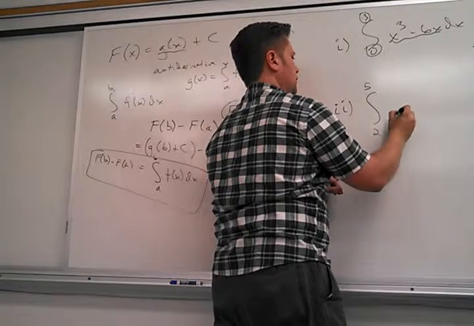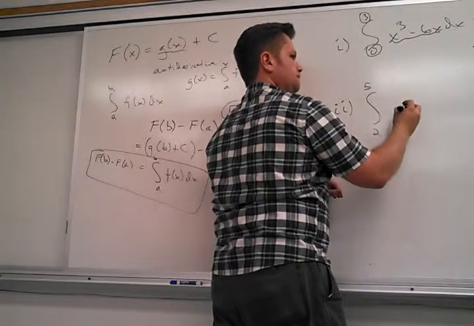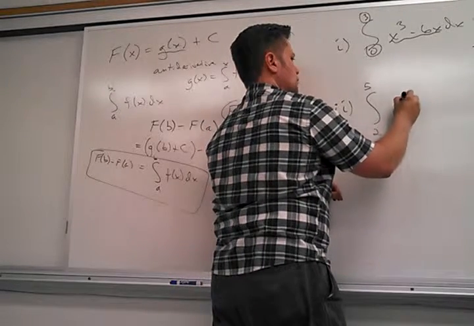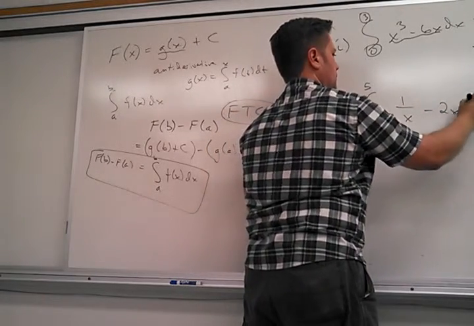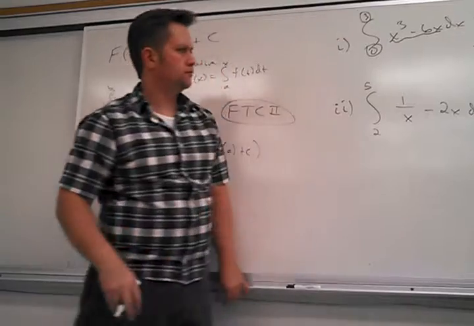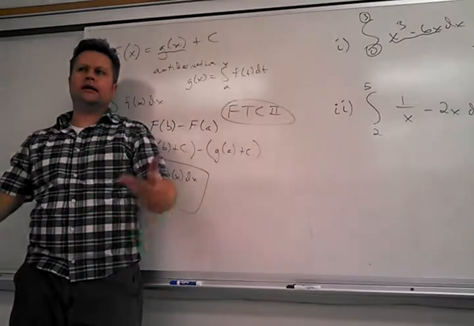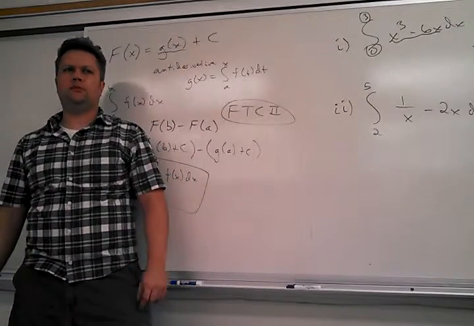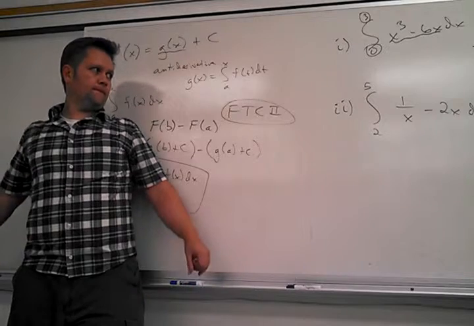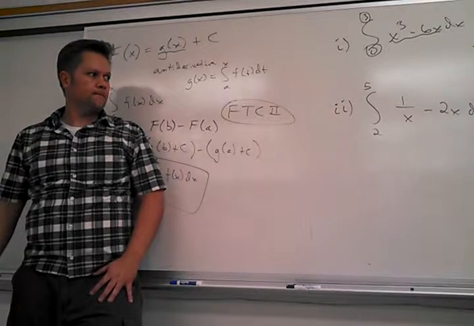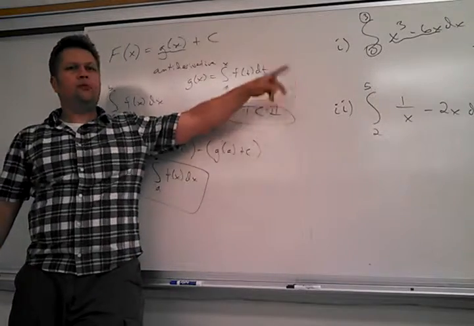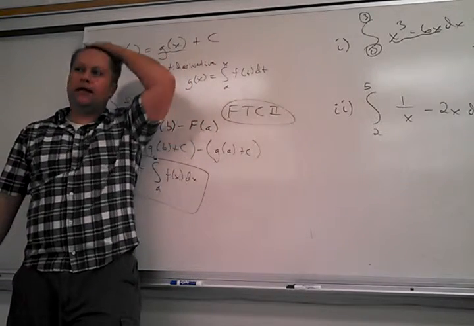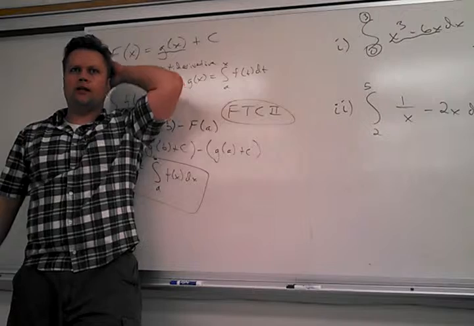Let's see if I can throw a neat one at you. Wow. So come up with the decimal approximation. Go out to 3 places. And depending on your endpoints, that's what tells you if you need an absolute value or not.